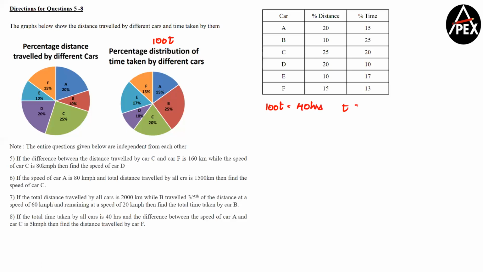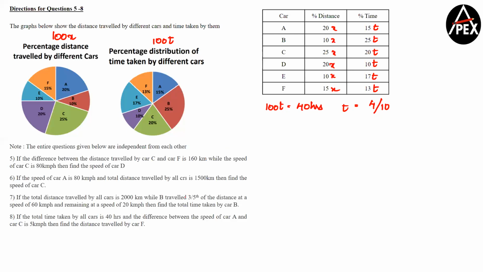So t is equal to 4 by 10. Fine. So the time taken by A is 15t, 17t and 13t. And the difference between the speed of car A and car C is 5 kilometers. If I take the total distance as 100x, so it will be 20x, 10x.